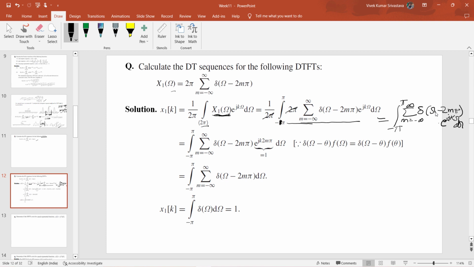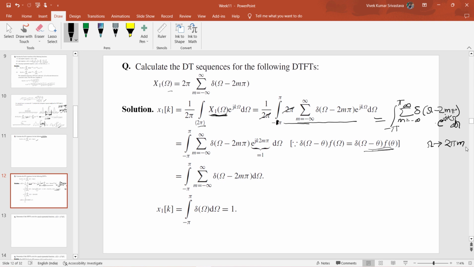Now we will use this property, that delta of rho minus theta into f of rho equals delta of rho minus theta into f of theta. When we use this property, rho in the expression e raised to the power j k rho is replaced by 2 pi m. So in the expression I put e raised to the power j k into 2 m pi.